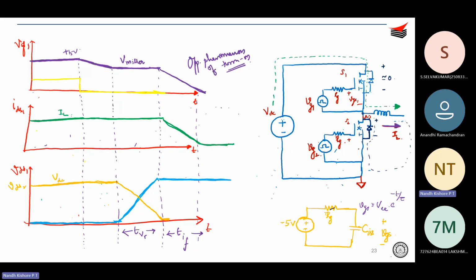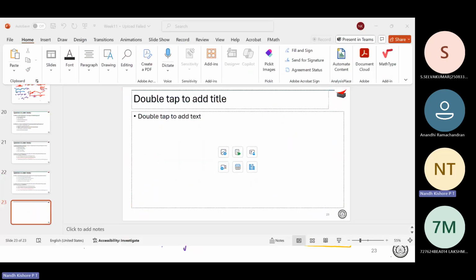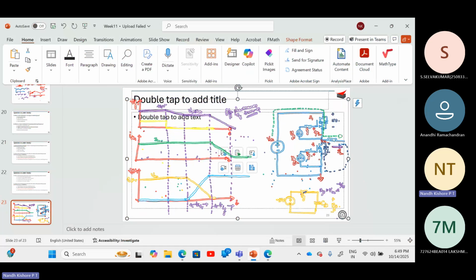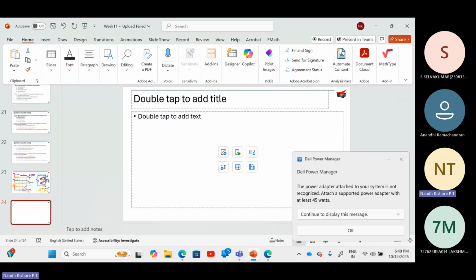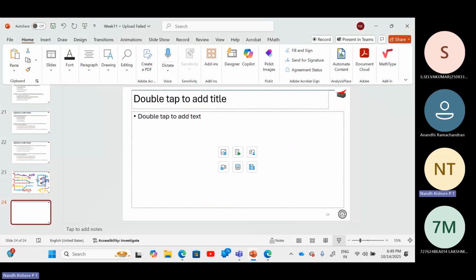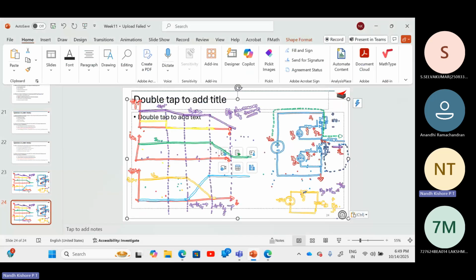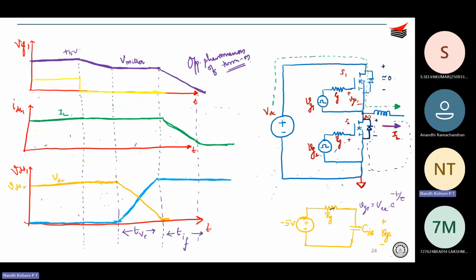In this also we studied three intervals. During the turn on we studied three intervals. One was the turn on delay time, then current rise time and then voltage fall time. Here also there are three intervals: the turn off delay time, then voltage rise time and then current fall time.